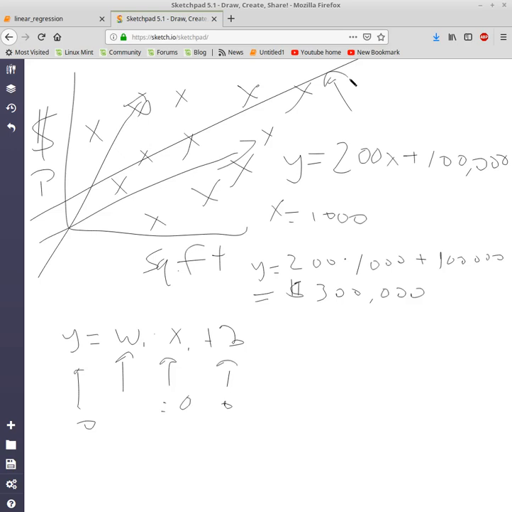Another is called the normal equation, which can solve linear regression squared errors like this problem using linear algebra. We're going to talk about the normal equation very, very briefly.